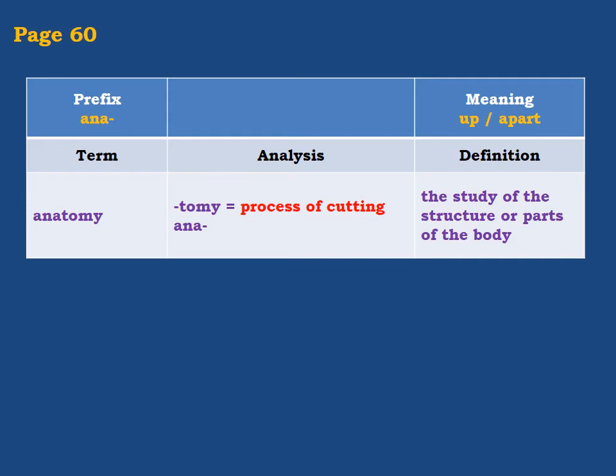Now, page 60, we have ana. This is the prefix ana, and it means up or apart. All right. The first term, and you are familiar with this one, anatomy. You remember this one in chapter 2, I think.